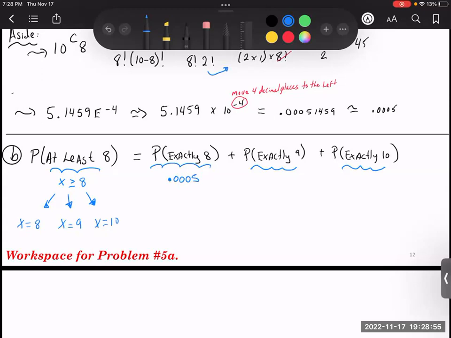Let's see, we had 0.26 with x equal to 9. Let me use the calculator. So approximately you'll get 0.00004.